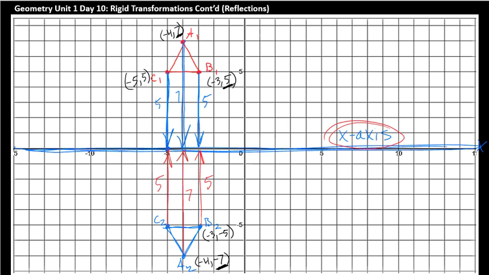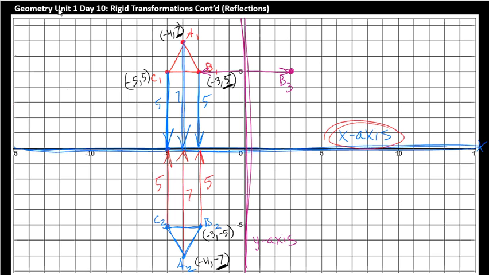All right, so let's look at reflections across the y-axis now. So here's our line of reflection now. This is the y-axis. This is our new line of reflection. If we do this literally, I'm just going to count my distances. So B1 is 3 away from the line of reflection. So my new B3 here in purple will be 3 away from the line of reflection. What about C1?